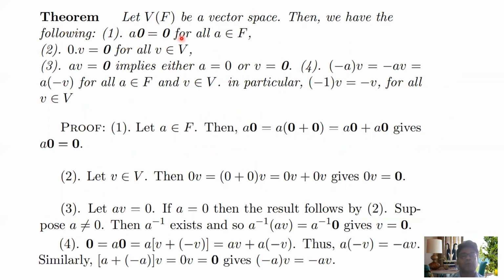Number 1, A times the null vector is equal to the null vector for all A belonging to F. Number 2, 0 dot V is equal to the null vector for all V belonging to V. Number 3, A V is equal to null implies either A is equal to 0 or V is a null vector.